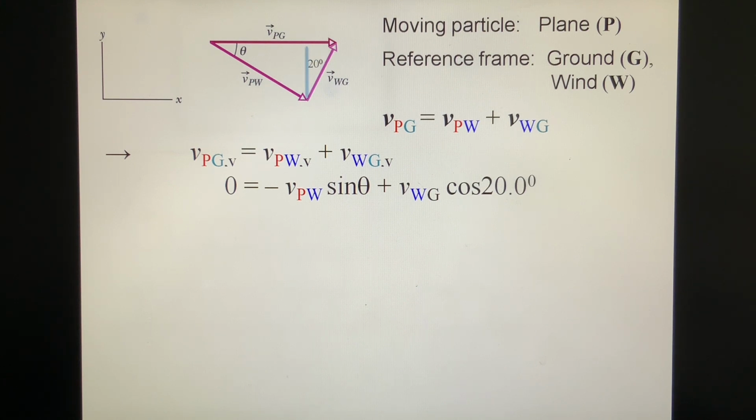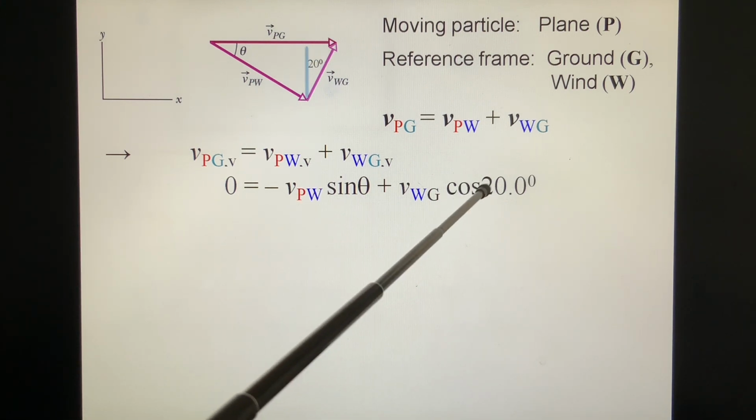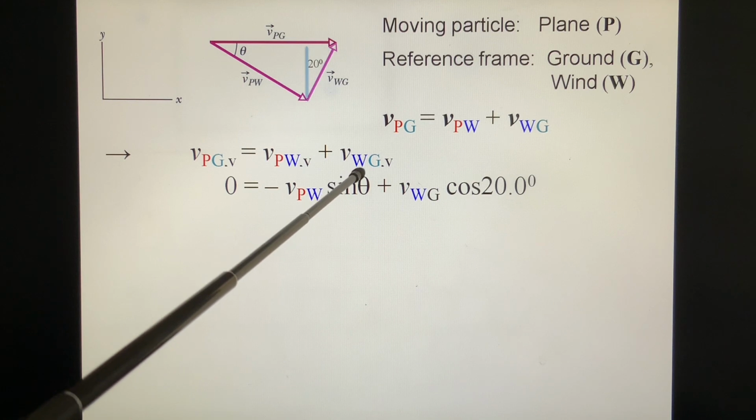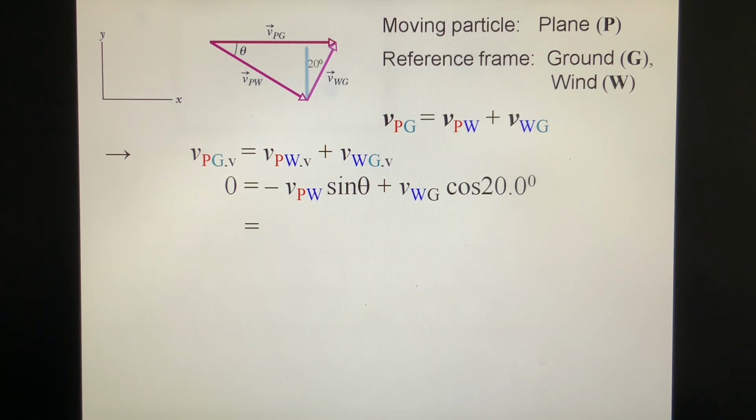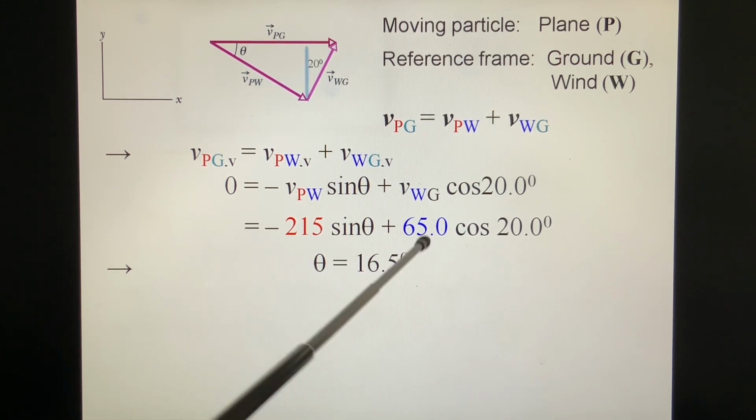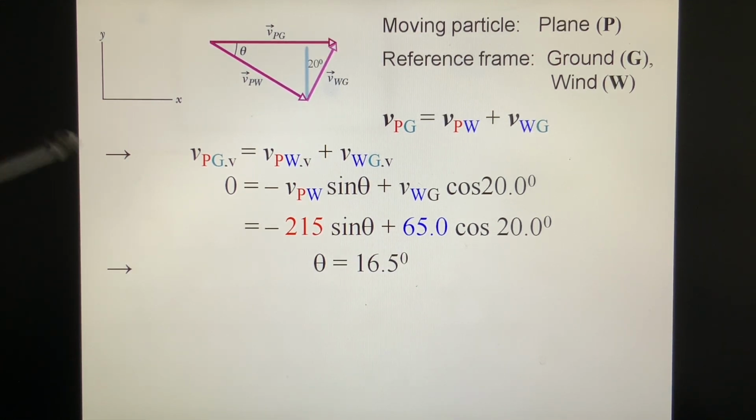Putting these together, we can find sine theta, and then find theta. We get theta equal to 16.5 degrees. Then for the x direction, this is what we want to find.